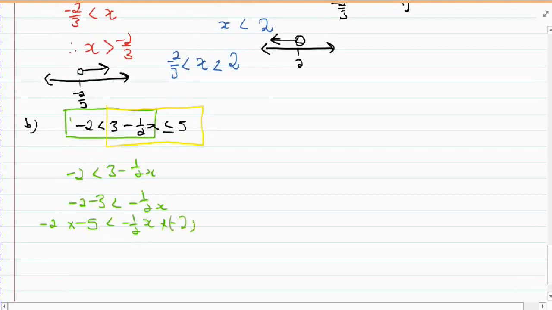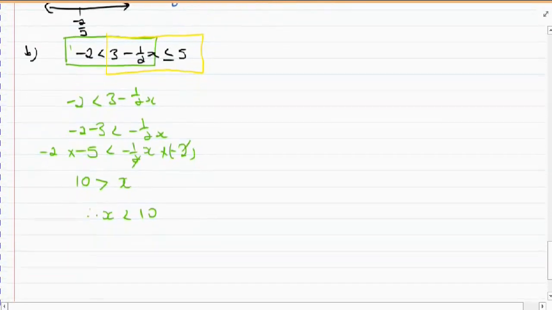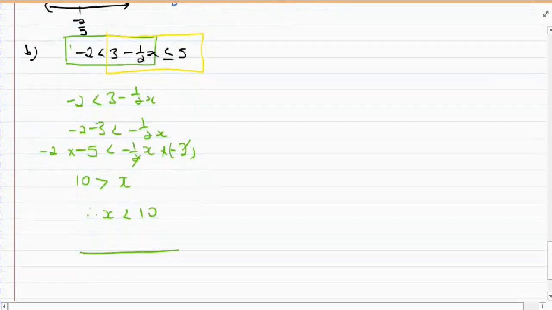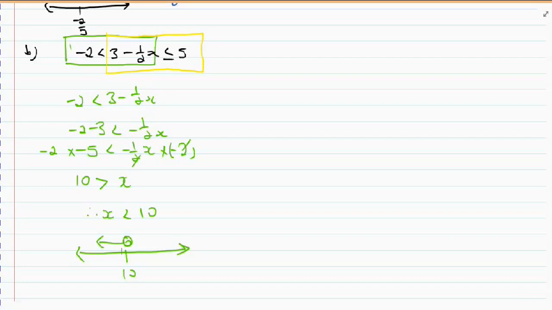We end up with 10 here, and then it will be bigger because we multiplied by a negative number. The 2 cancels the 2 at the bottom, and negative times negative is positive, so we end up with positive x. So 10 is bigger than x, and x is less than 10. On its own number line, we have 10, and anything below 10. That's our number line for the solution.